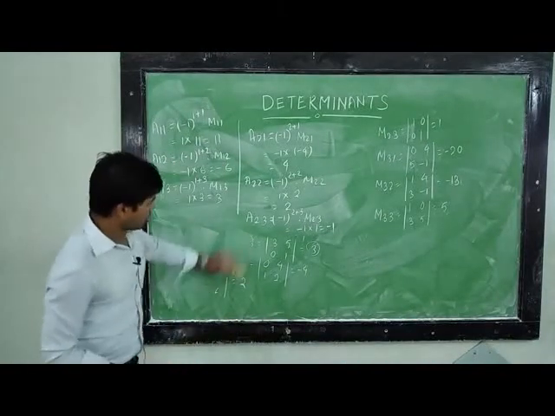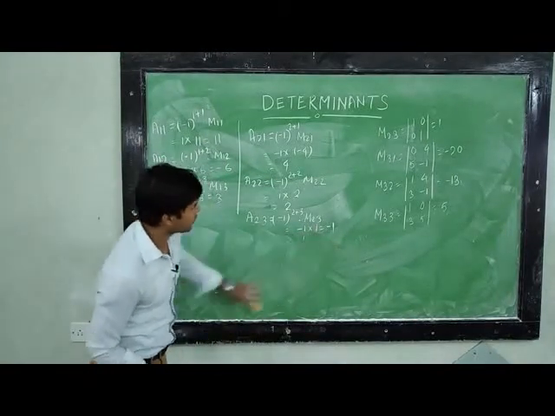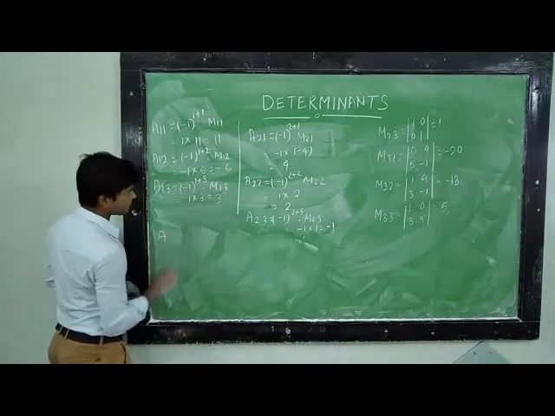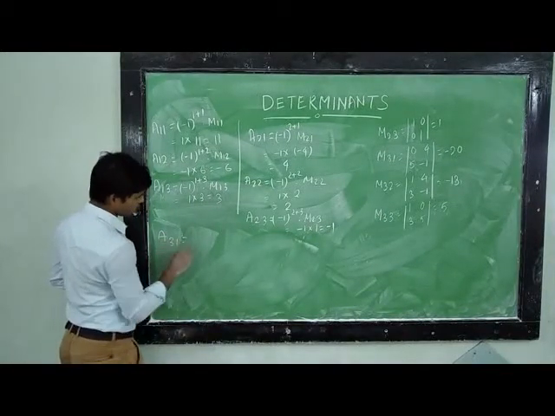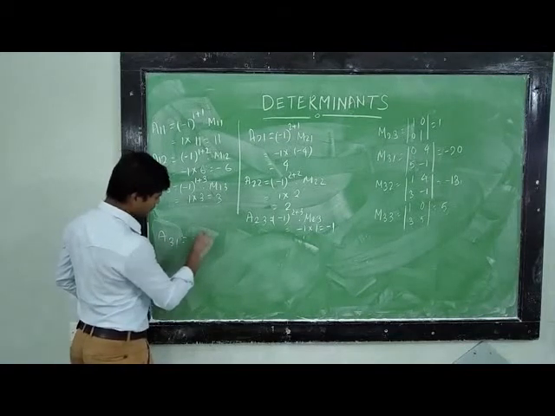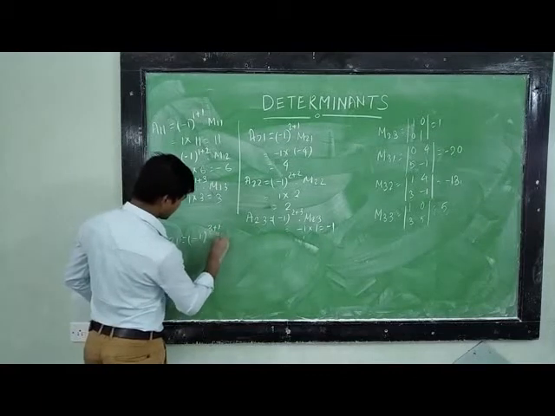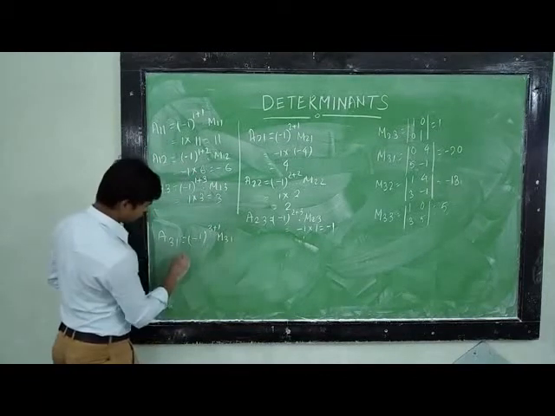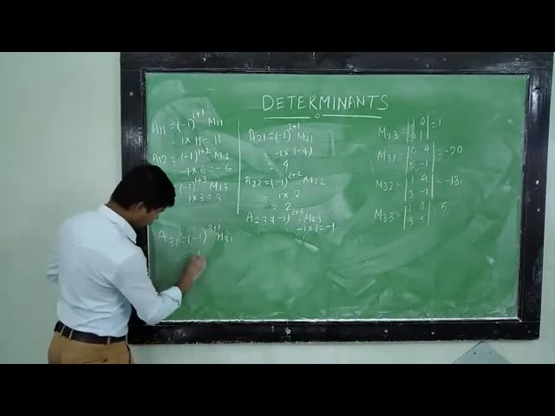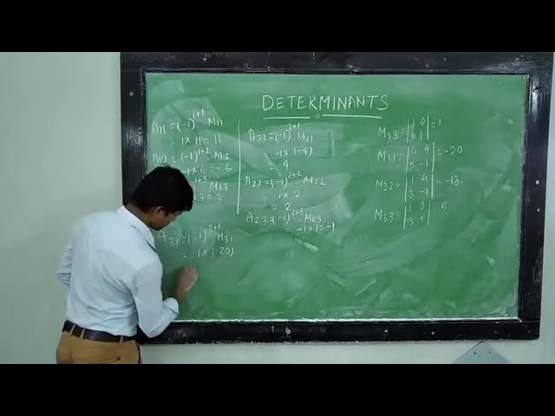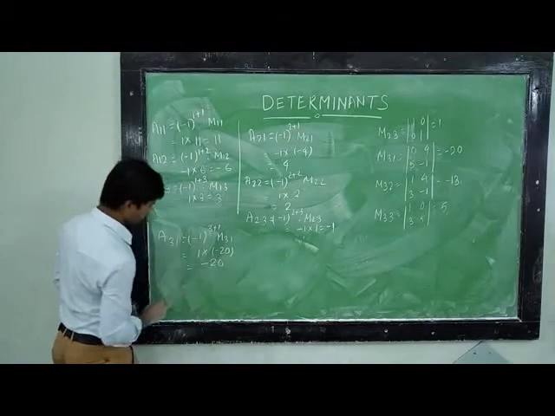Okay, and we have to calculate the third row cofactors. So A31, that is minus 1 whole to the power 3 plus 1 into M31, that is 1 into M31, which is equal to minus 20, so that is minus 20.